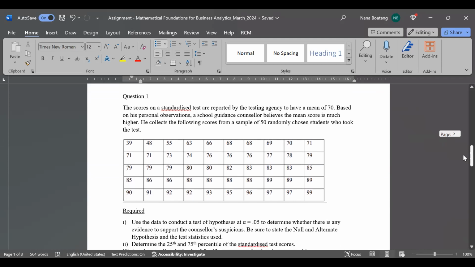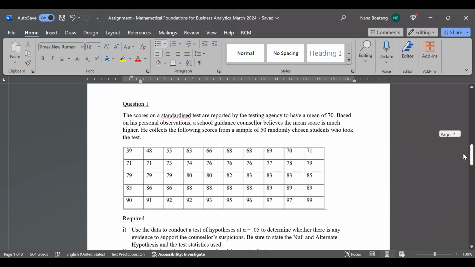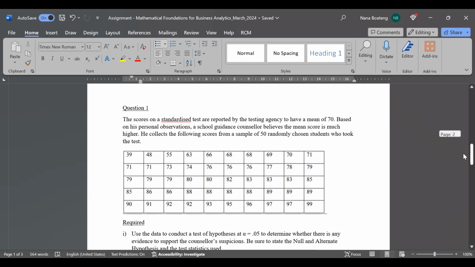You have this question. Let's go through it quickly. The scores of a standardized test are reported by the testing agency to have a mean of 70. Based upon personal observation, a school guidance counselor believes the mean score is much higher. He collects the following scores from a sample of 50 randomly chosen students who took the test.